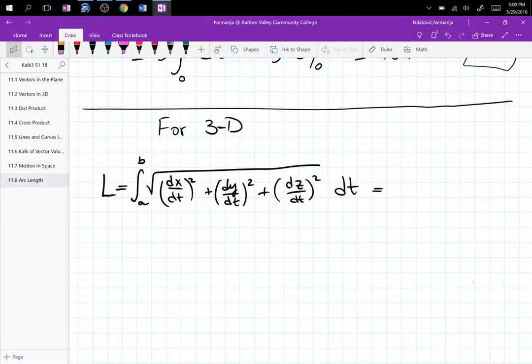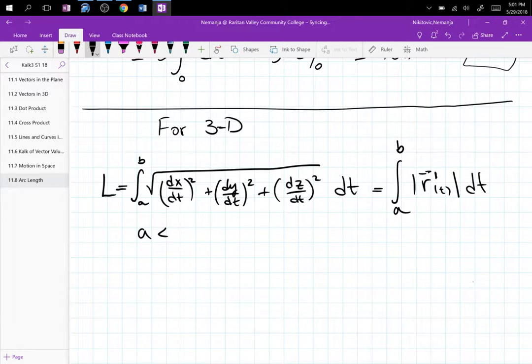And I hope you see, guys, that you have the magnitude of r inside. So I will show this. We have our vector valued function. This a and b are still in between t. So if you look at the vector notation, let me just first box this.